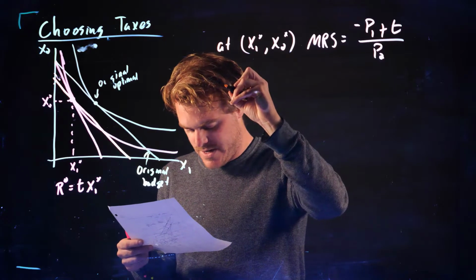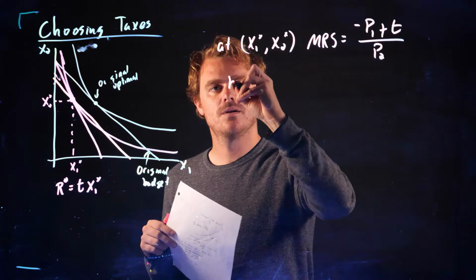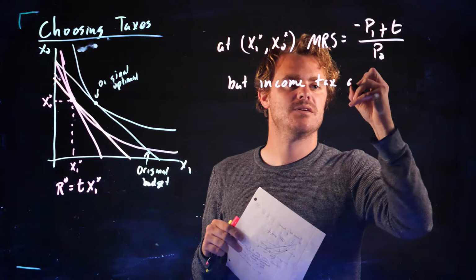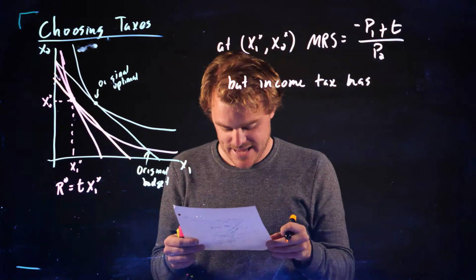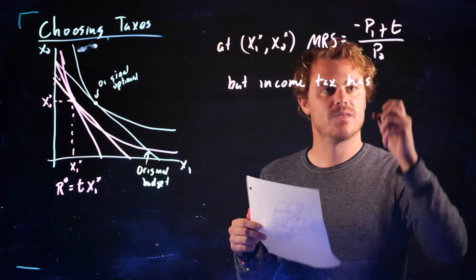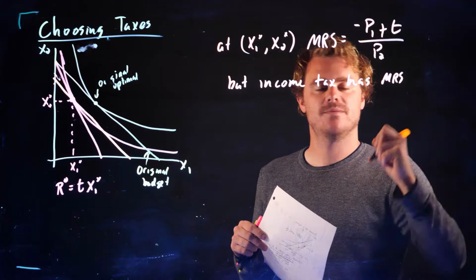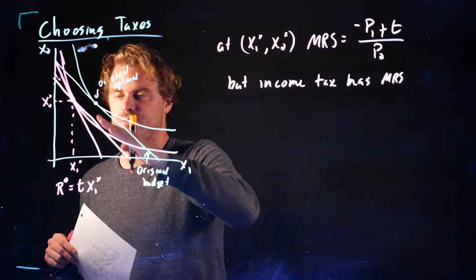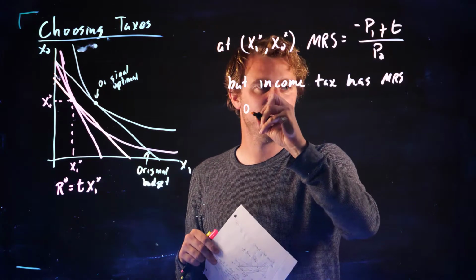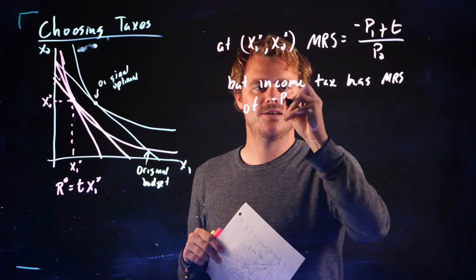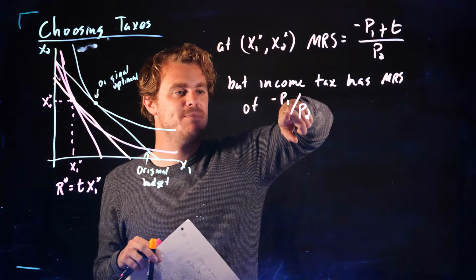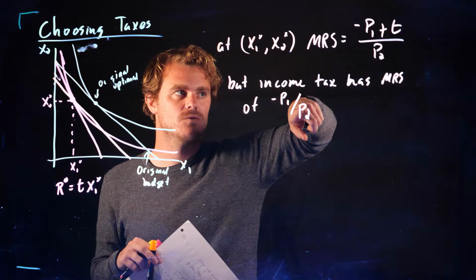So, but the income tax has a marginal rate of substitution, or the slope of this line, the price ratio, it's smaller, right?